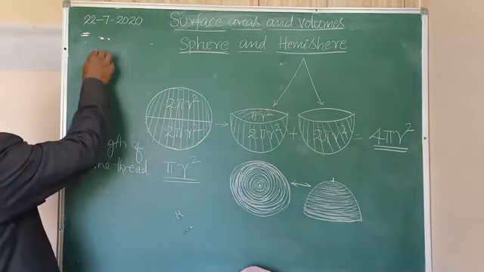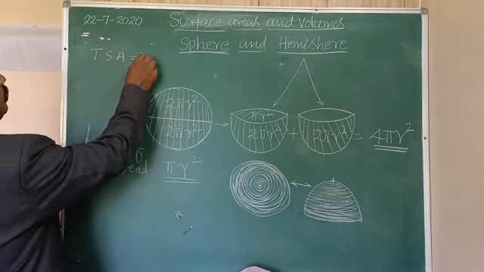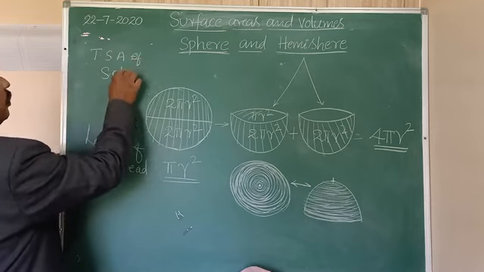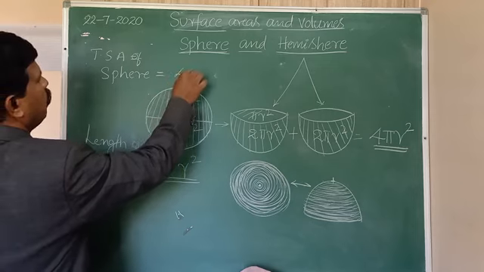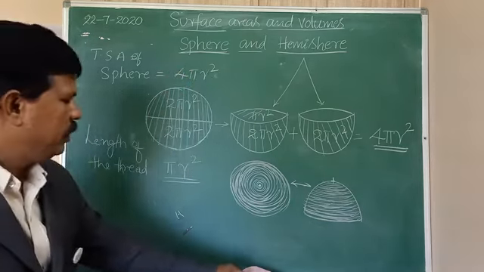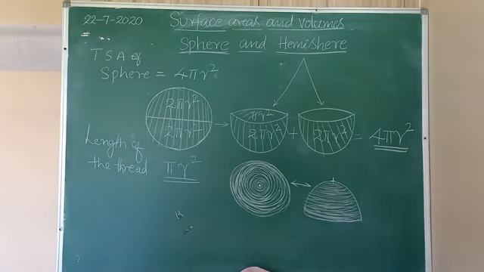So TSA of sphere equals 4 pi r square. So look at how you got that 4 pi r square. Clear?